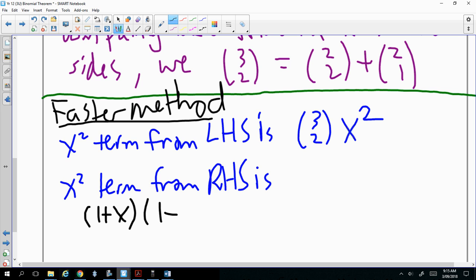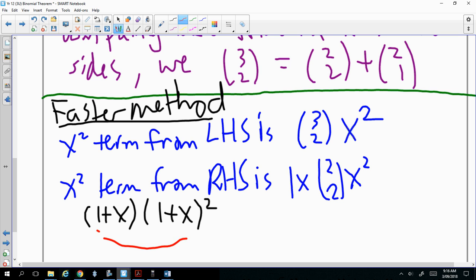You have to physically do 1 times the squared term, and then x times the x term, to show how you got this term, which is equal to (2,2 plus 2,1) x squared.